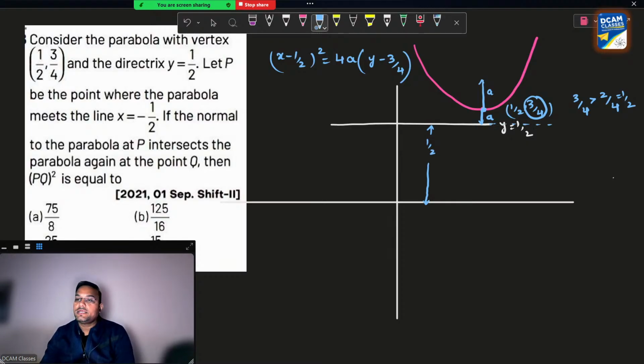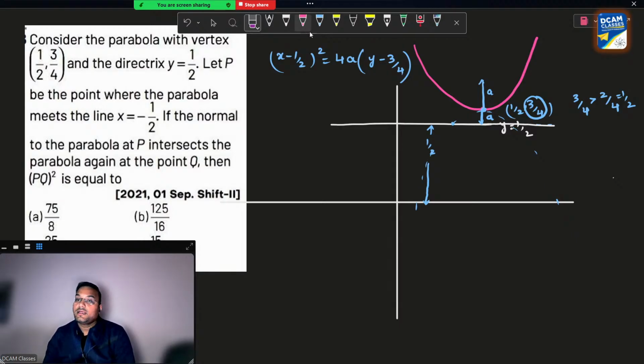If I draw the other way, then the parabola will be cutting the directrix. It's not possible according to the definition of directrix. Directrix does not cut the parabola. It lies behind the parabola. So the only choice that you have is this, the red one. Understood?